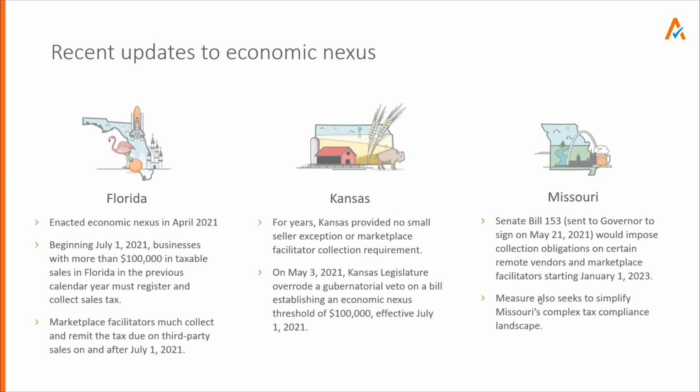I haven't heard that the governor did in fact sign that, so the jury is still out to see if that is actually going to take place, but Missouri is the only holdout state of the states that collect sales and use tax. So I would imagine that they are going to definitely implement something.